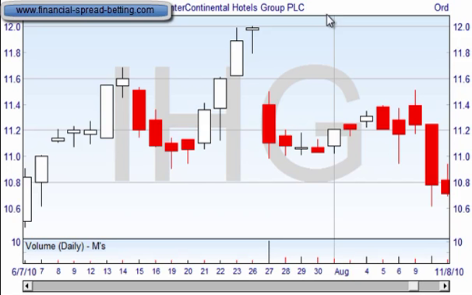So what is a Japanese candle? Well, they're possibly the best form of gauging the market sentiment for a particular stock on a particular day and overall than any other form of representing financial data. And there are simply two forms of candlesticks.